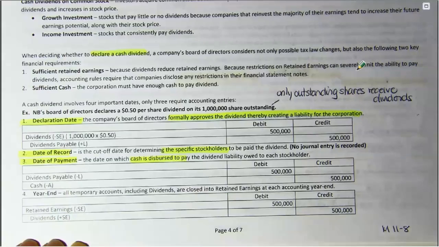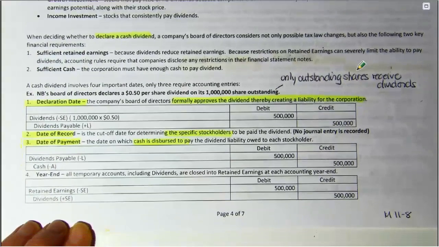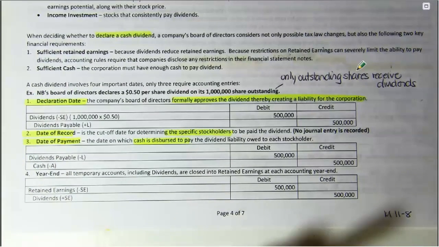The last date affecting dividends is something you already know. Back in Chapter 4, we learned about closing entries. And we said at the end of the year, when the year is over, we have to zero out the temporary accounts to keep track of information for just 1 year at a time. And that was revenues, expenses, and dividends.